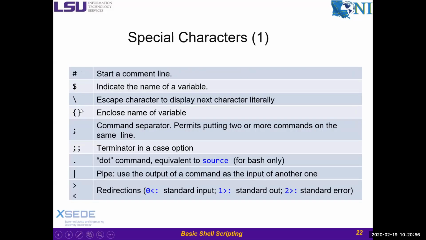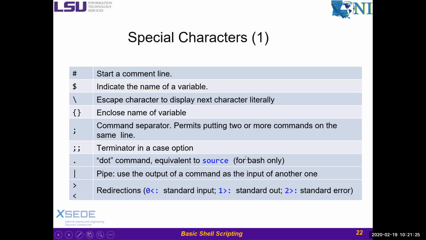And here, let's go through that quickly. Pound sign starts a comment, $ sign references a variable, backslash is escape, curly brackets enclose the name of a variable, and we'll use that when we talk about arrays. Also, the semicolon is the command separator, and we show that when we talk about control flow. And the dot command is exactly the same as source.